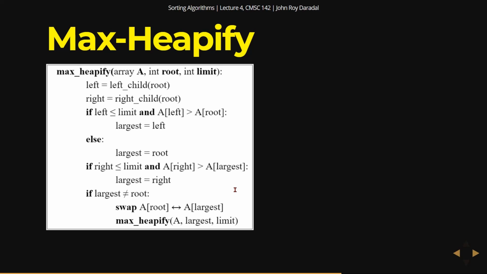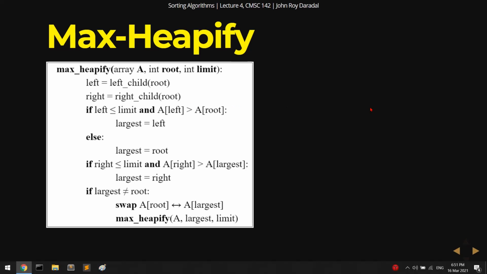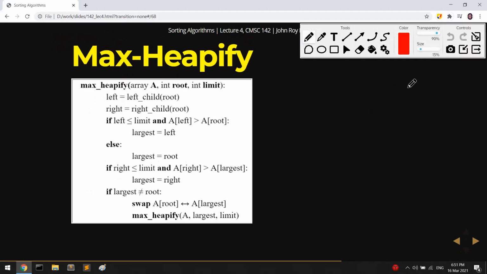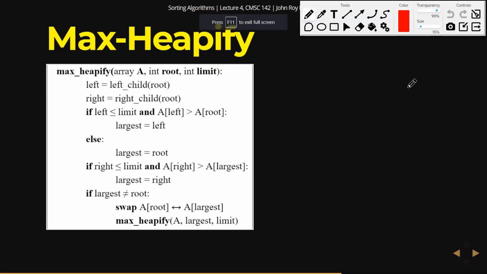Okay, so basically what you'll do is you'll just compare the three items, something like this. This is the root, we'll just call this the parent, P, the left child, and the right child. So we'll just compare the three.